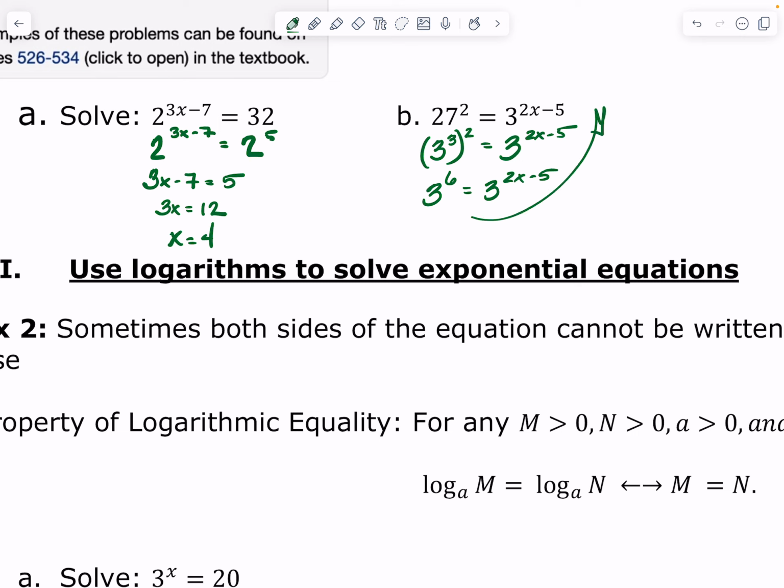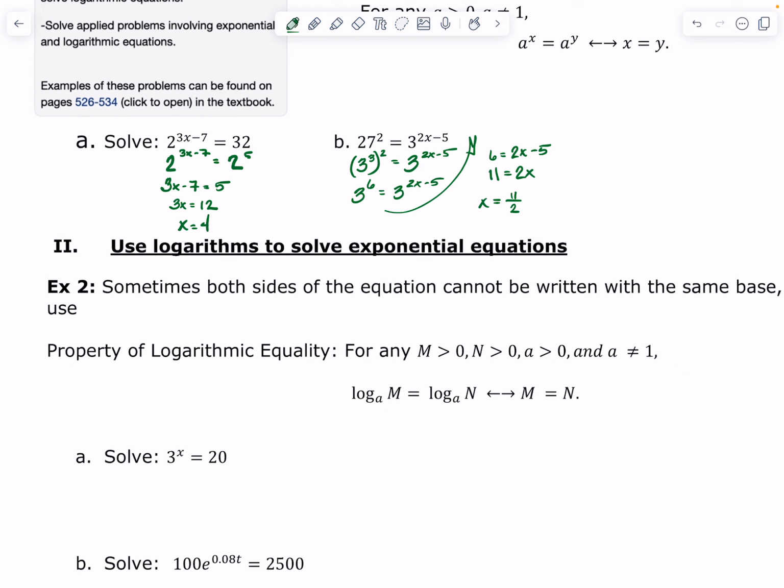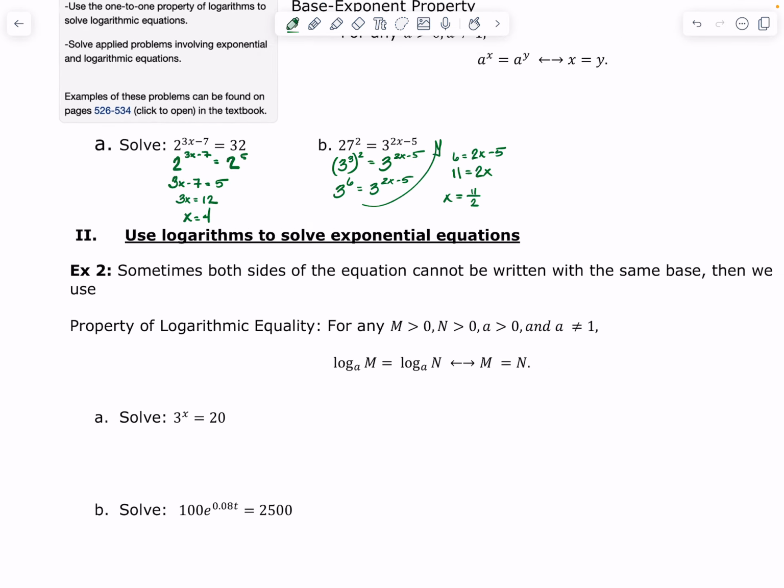We're going to carry that over here. 6 equals 2x minus 5. Add 5 to both sides, and x equals 11 over 2. Some of these, like on the left, we could kind of guess and check. The right, probably not as easy to do. Okay.